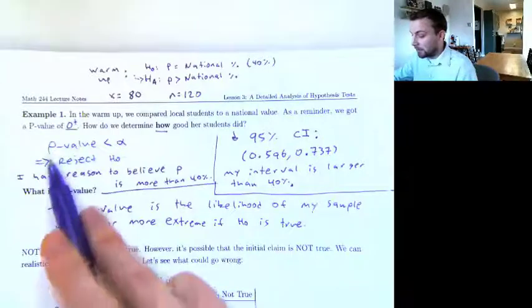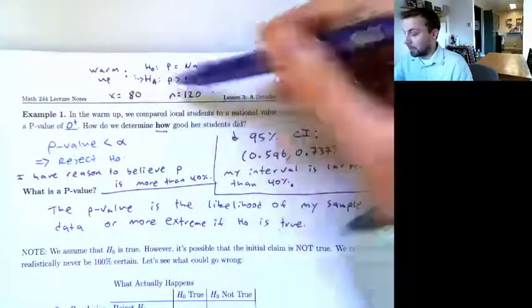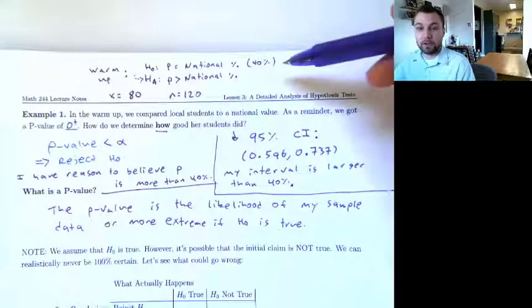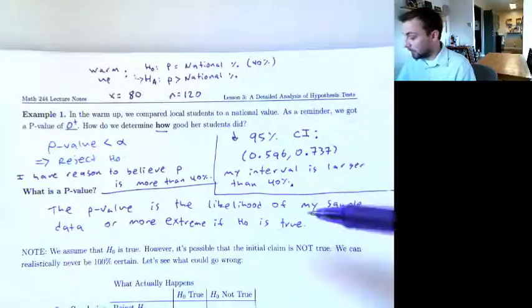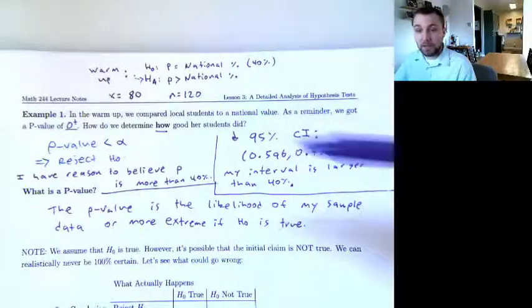I saw that there's kind of this 0 plus situation happening over here, that I would experience a sample like this if they were actually as good as that national number of 40%. So this either means that I'm looking at like lottery odds of getting something like this, or they're actually better.